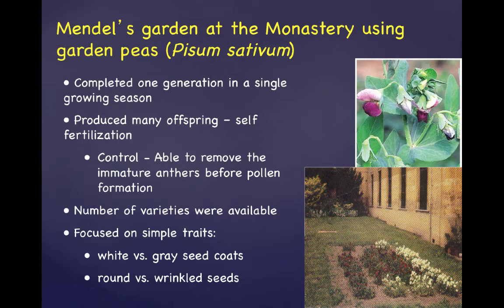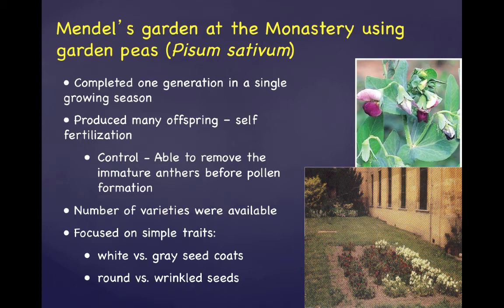So Mendel's laboratory was the garden at the monastery, and he used garden peas as his plant model. The reason he chose peas was, first of all, that they made a great model organism. They completed one generation in a single growing season, produced lots of offspring, and he had the ability to control self fertilization.